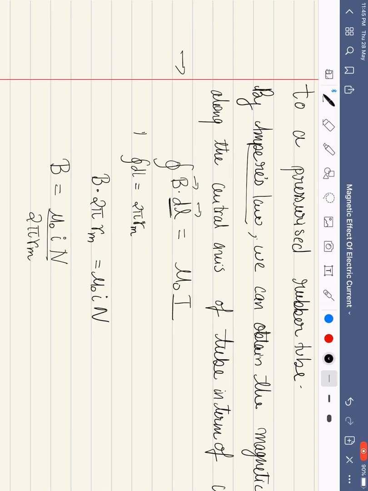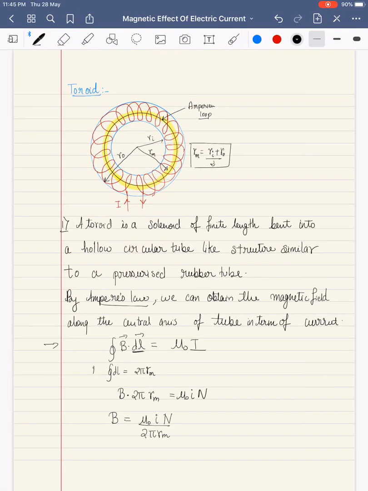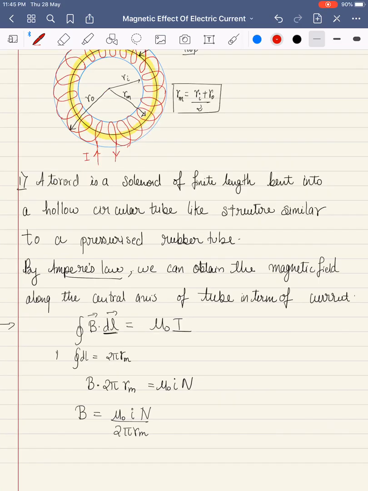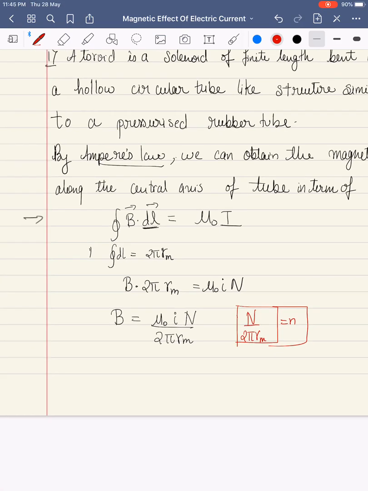So capital N divided by 2 pi r_m indicates the total number of turns per unit length, which I can write as equal to small n, okay.